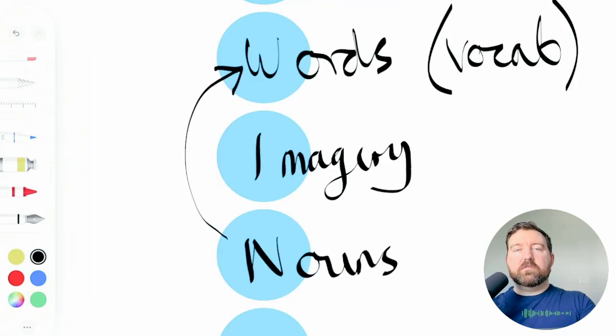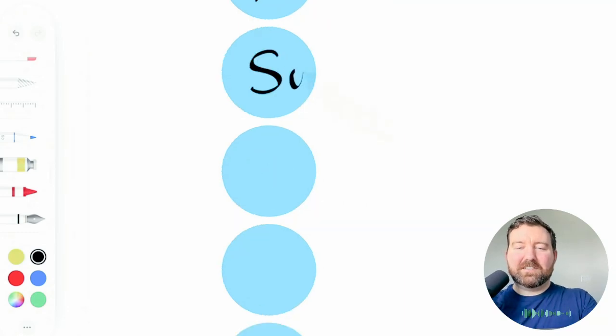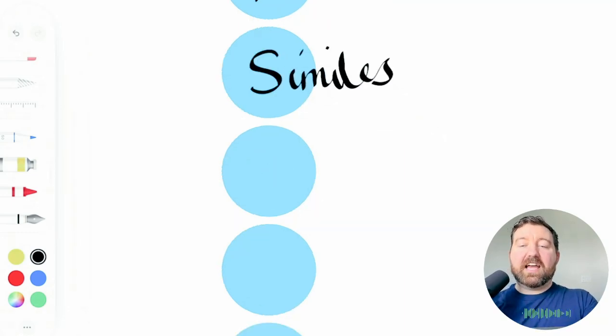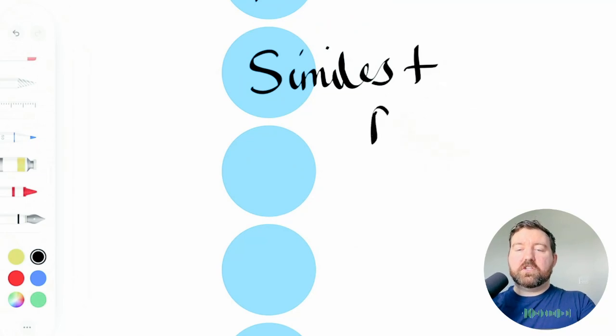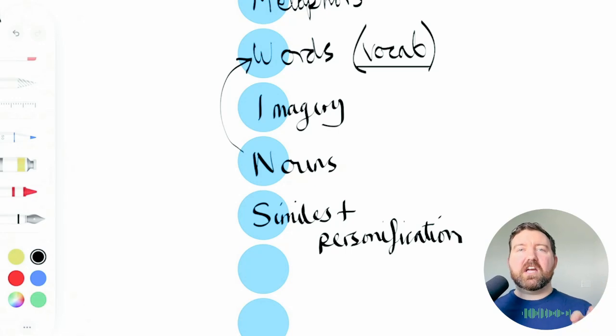Your choice of certain word classes will also boost your vocab. The final one is S, and the S stands for similes and personification. Similes is important for the same reason as metaphors. Personification is really interesting, especially for bringing certain bits of the setting alive, giving human qualities to buildings or nature.